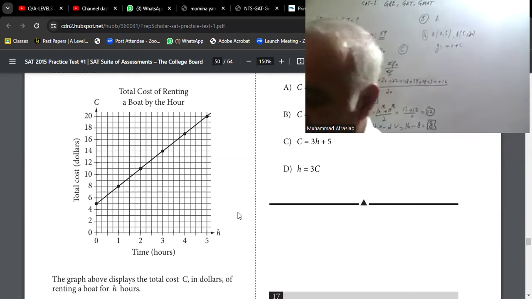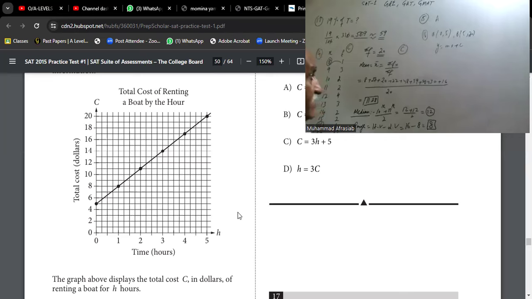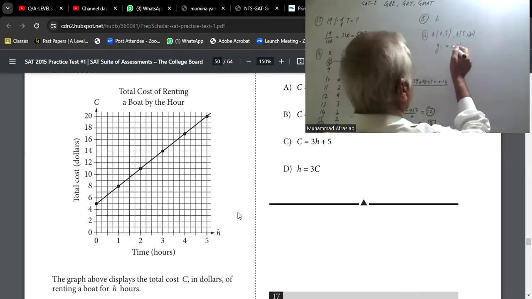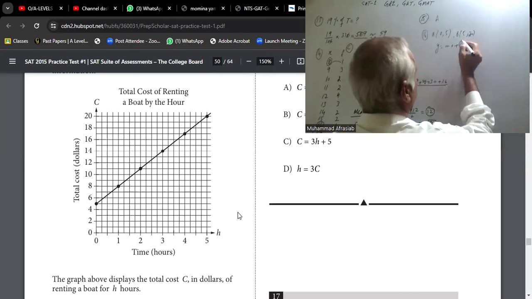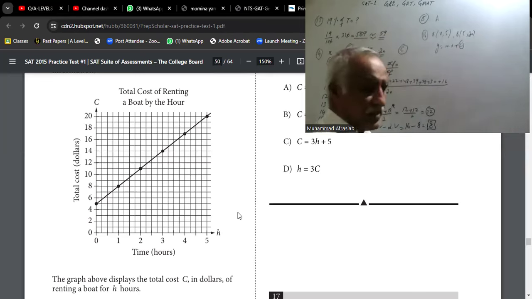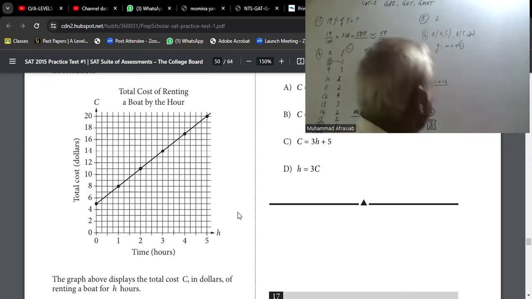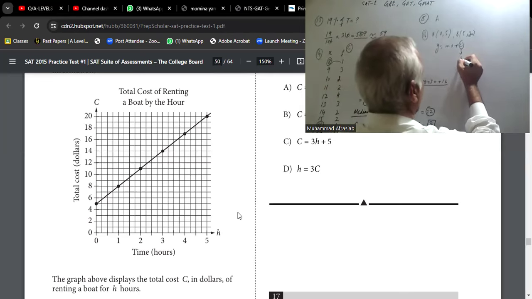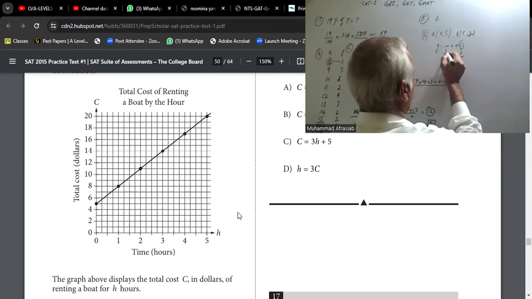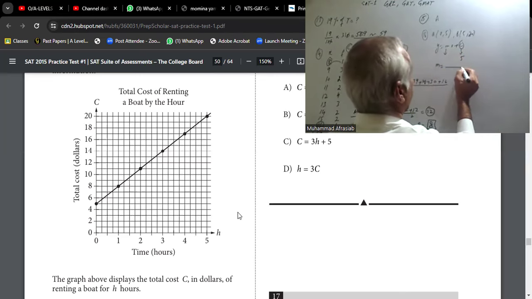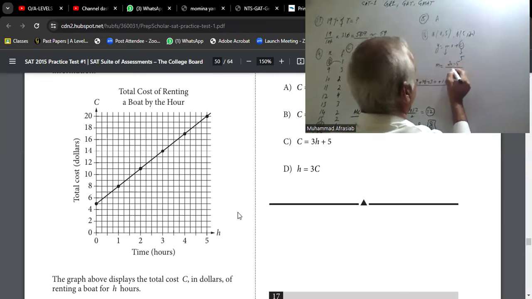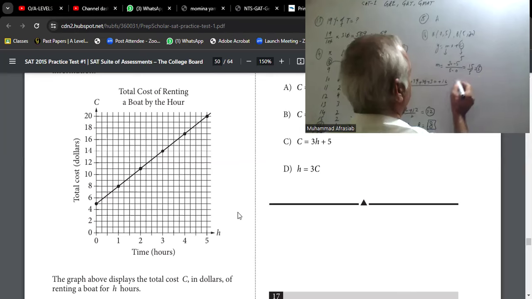Here c is the intercept on the y-axis, and that value is 5. So only m has to be calculated, which is the gradient between the two points: (20 - 5) over (5 - 0) equals 15 over 5, which is 3. So m is 3.